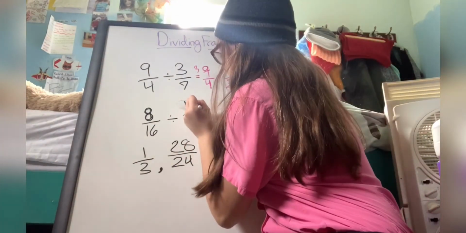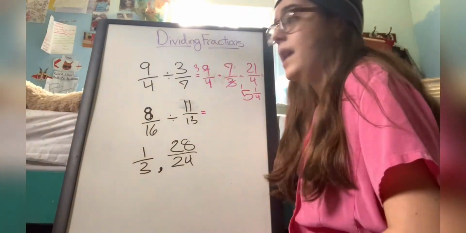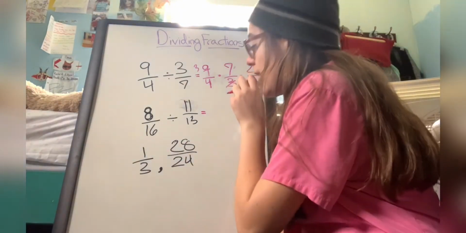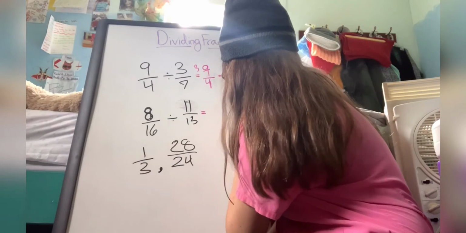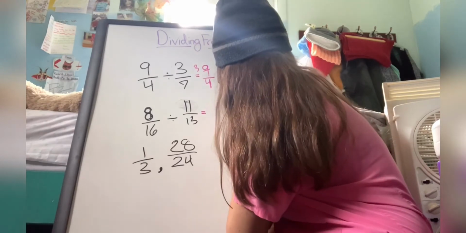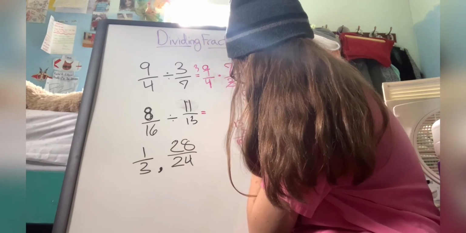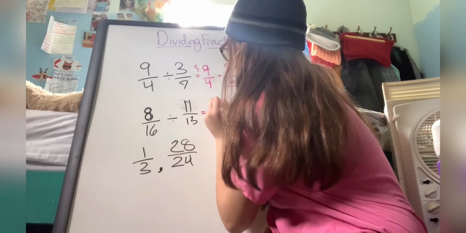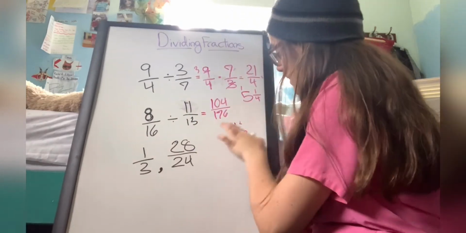Now this one, I'm going to try just doing xa over yz. So that would be 8 times 13, which would be 104 over 16 times 11, 176.